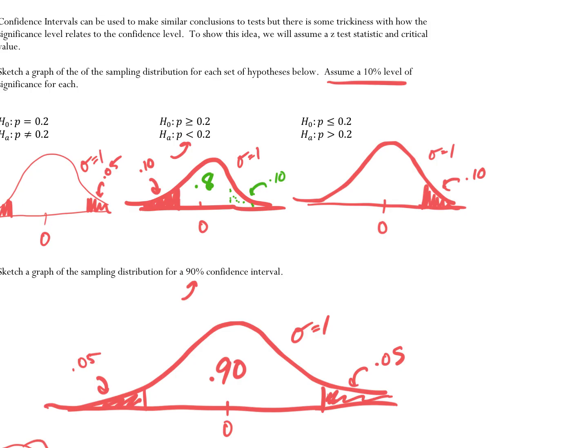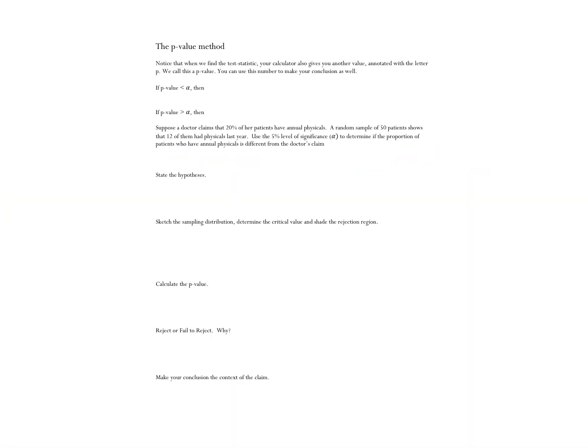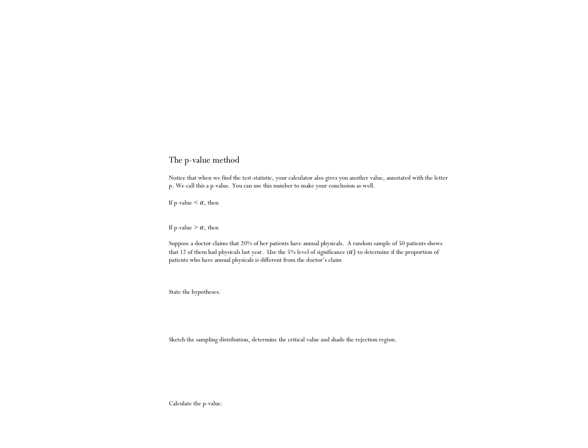All right, so next we got to talk about the p-value method. So last week we talked about the traditional method, and in the traditional method, we ask, is Z in the rejection region?